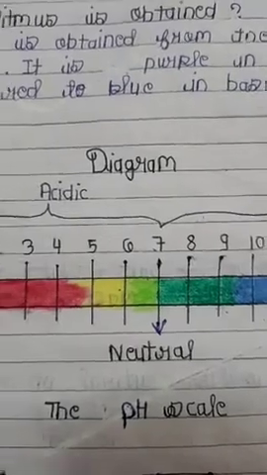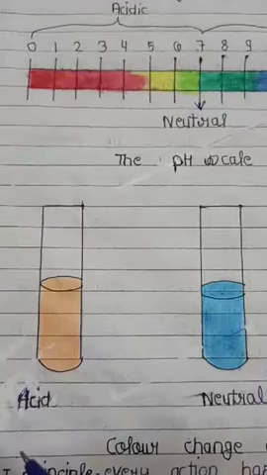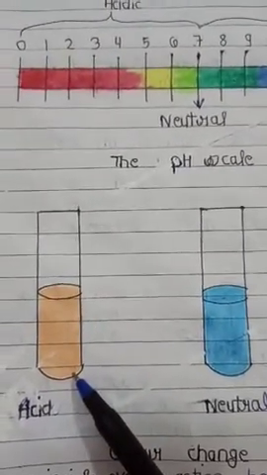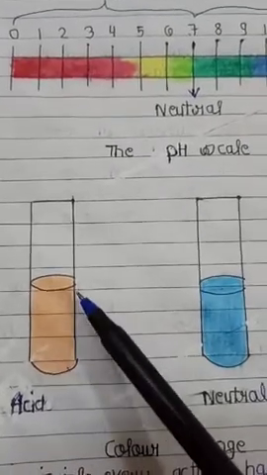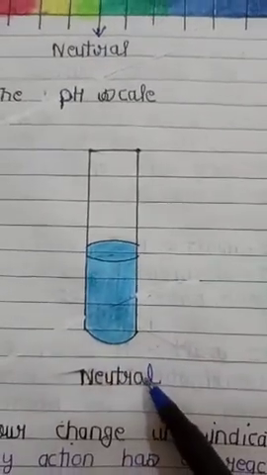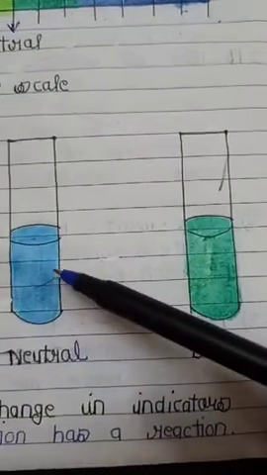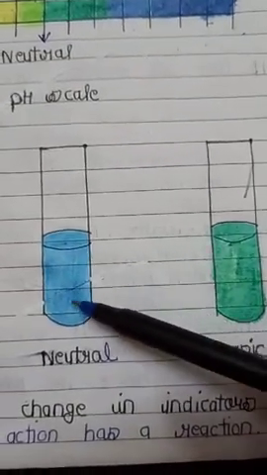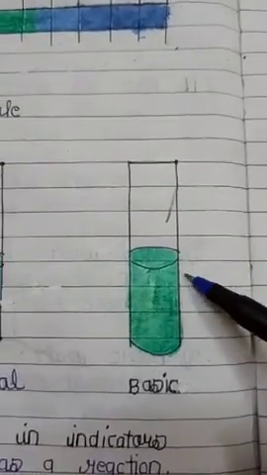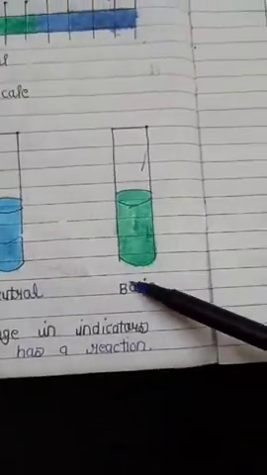So children, draw this diagram in your notebook, and after this draw one more diagram showing the colors given by indicators.